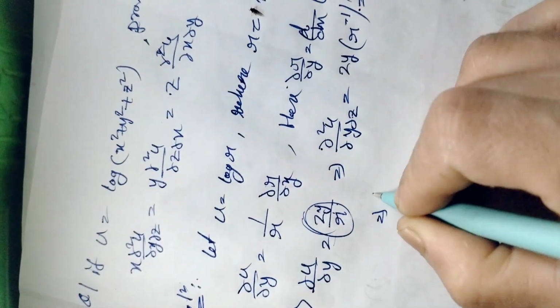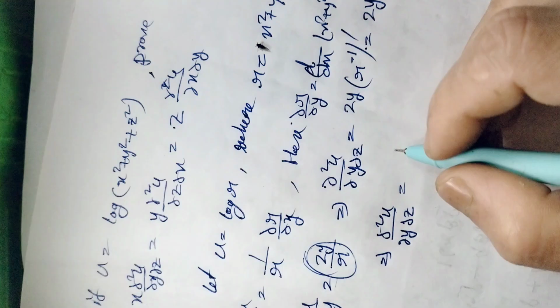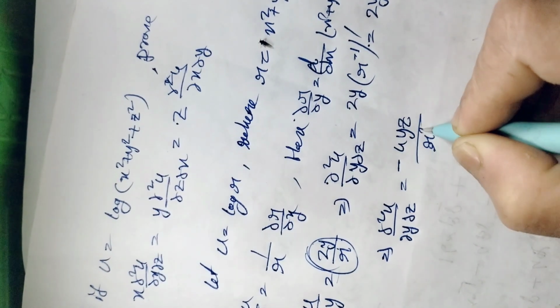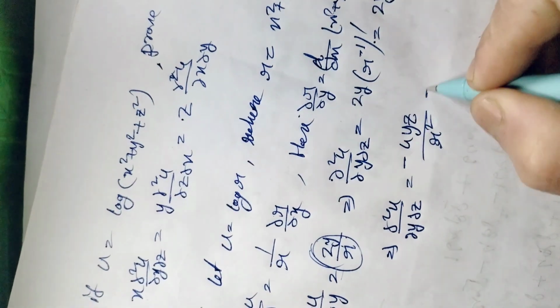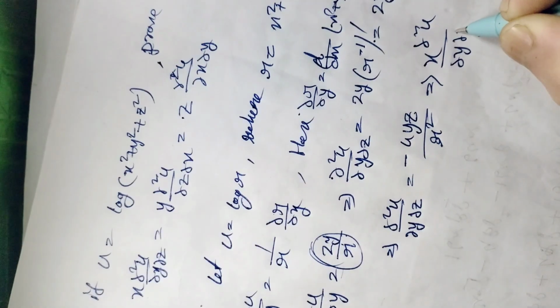So this implies del square u upon del y del z is equal to minus 4yz upon r square. Similarly, we have to find x del square u upon del y del z.